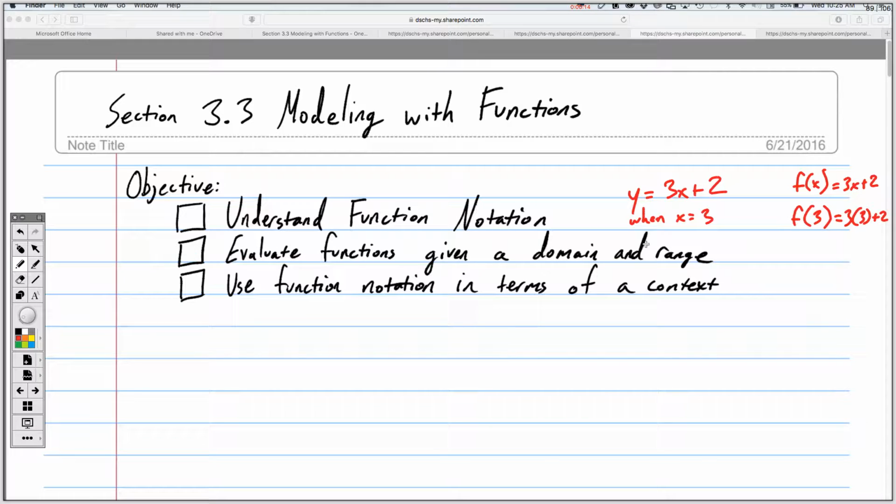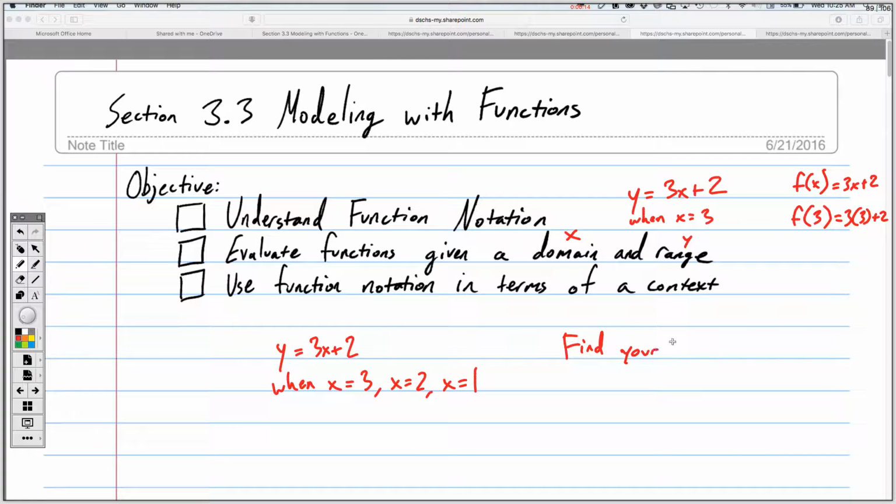Evaluate functions given a domain and range. What's your domain? X. What's your range? Y. This is again about just function notation. So instead of saying y equals 3x plus 2 when x equals 3, x equals 2, x equals 1, this is now find your range.